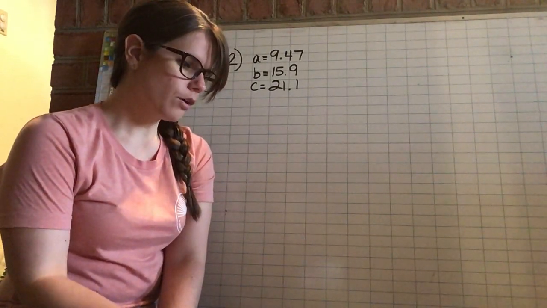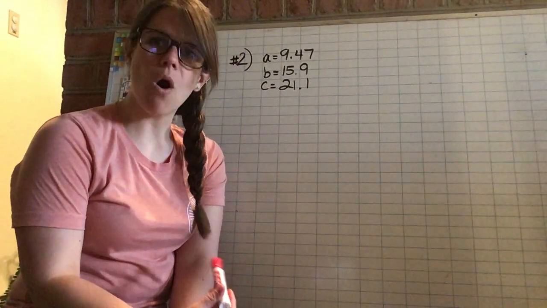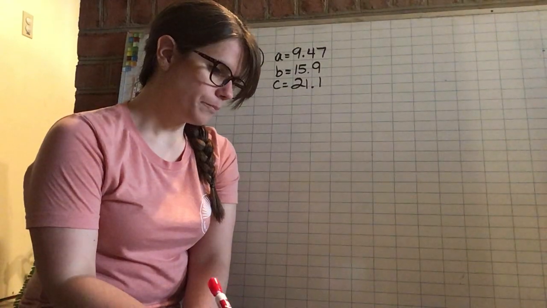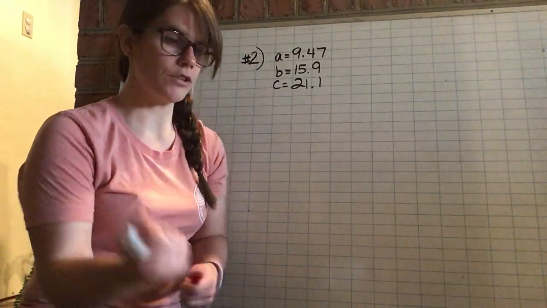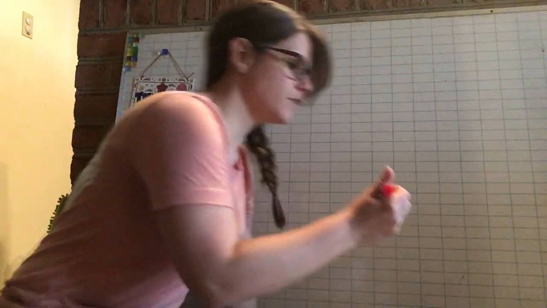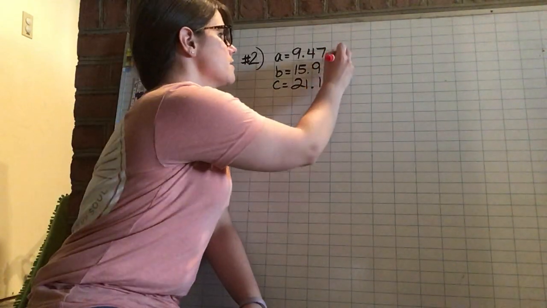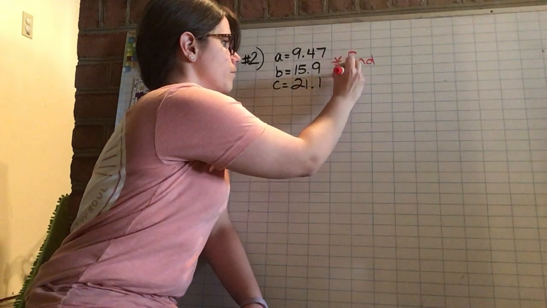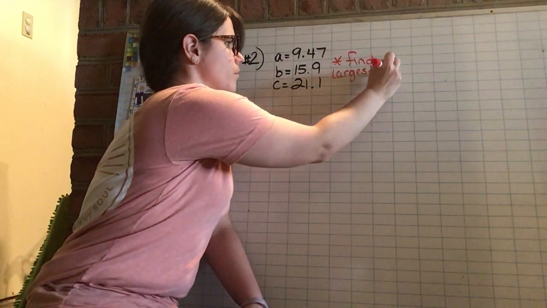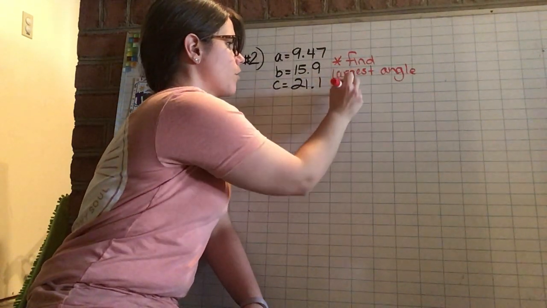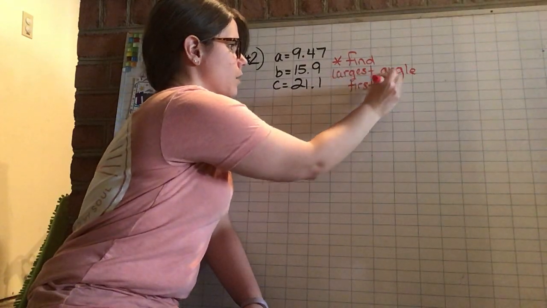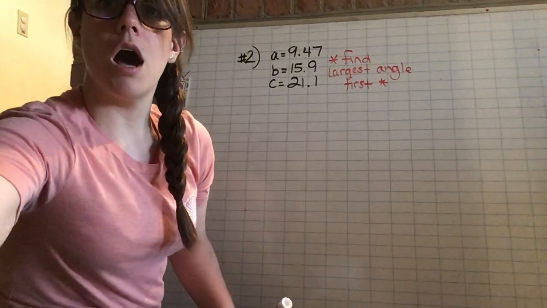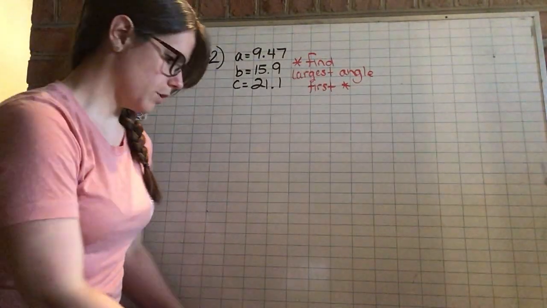Now that we are trying to find an angle with all of the sides, we need to find the largest angle first. Those are the two things you're going to have to keep straight. In this scenario, you have to find the largest angle first. That's important because you could get a wrong answer if you don't do it this way.